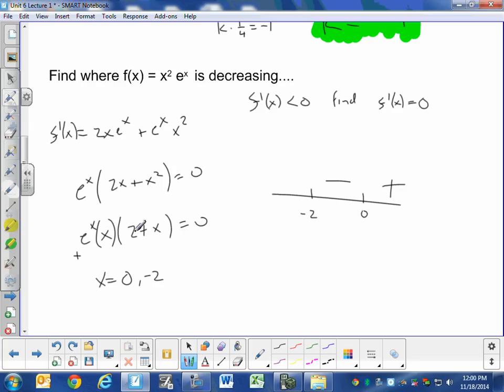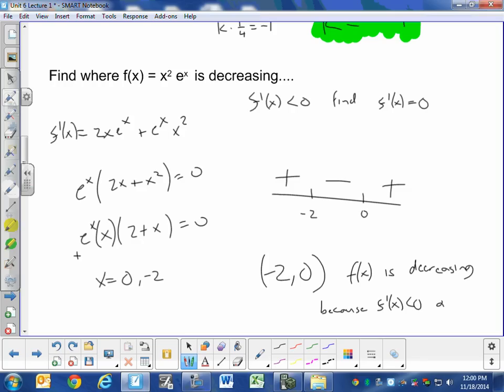And then I plug in a value like -4, positive, negative, negative, positive, negative, negative, positive. So when are we decreasing? Between -2 and 0, f is decreasing, because f prime is less than 0 on that interval.